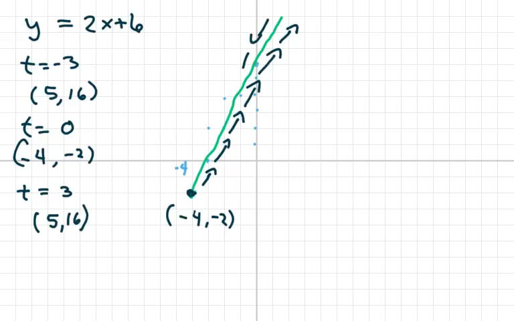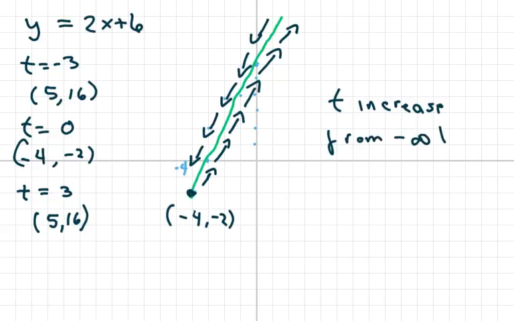So this is pretty simplistic, but that's basically your orientation of the graph. All right, and basically we have, as t increases from negative infinity to 0, the point x, y slants downwards.